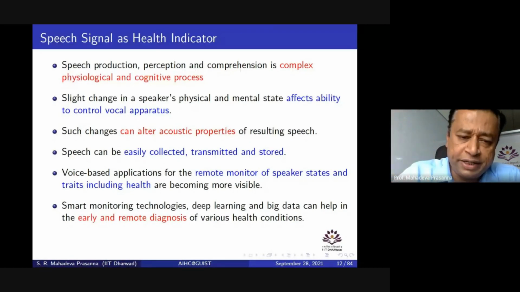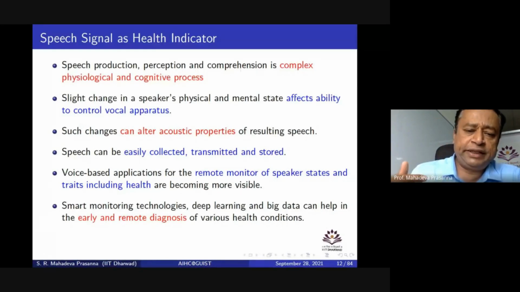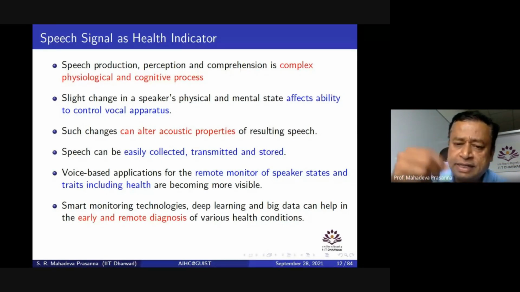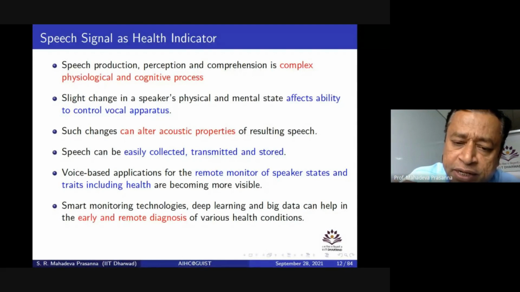When the apparatus dynamically changes its behavior, the nature of the speech signal generated from it also changes. That is what is meant by altering the acoustic properties. As this affects the acoustic properties, that is the signal nature, naturally the biomarker information is embedded into the speech signal.